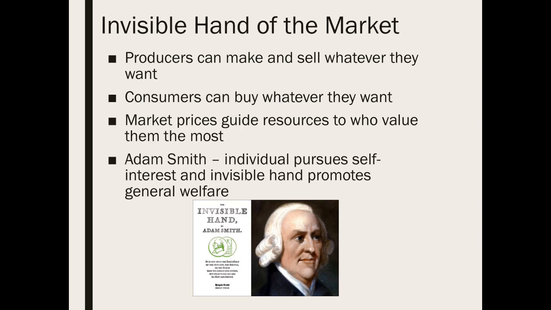So in a pure free market, if you're a producer, you are going to produce your goods and sell them to the person who's going to give you the most in return. We use money to do exchanges, but you're going to sell your items for the highest price you can.